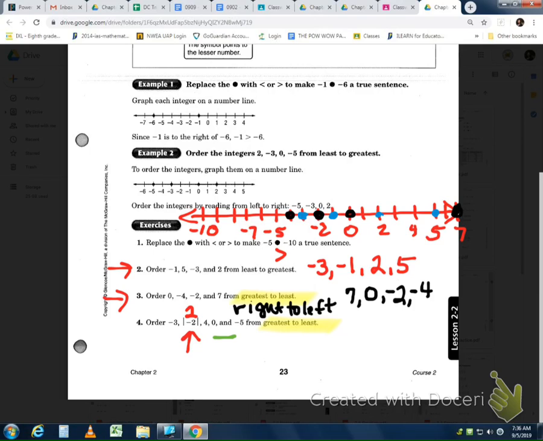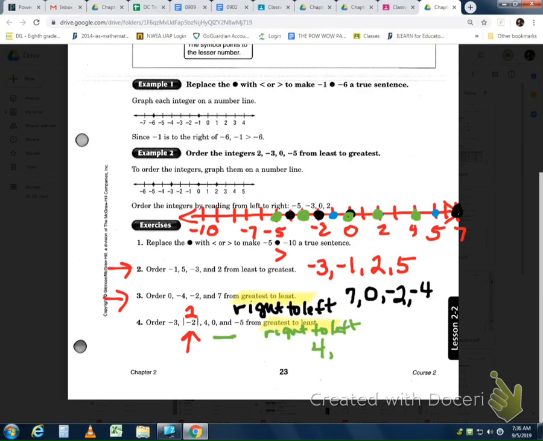So -3, we're just going to say the 2. So we know that that really means 2, 4, 0, and -5. So now we're doing green, and it says greatest to least. So greatest to least, remember, is right to left. So we're going to do 4.